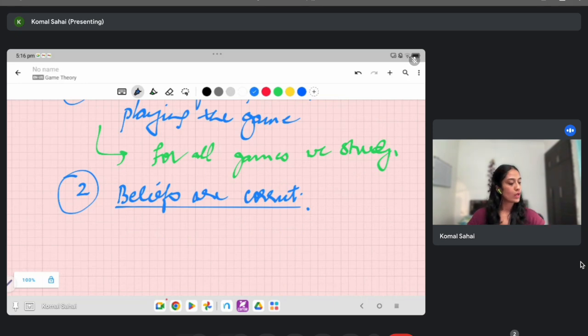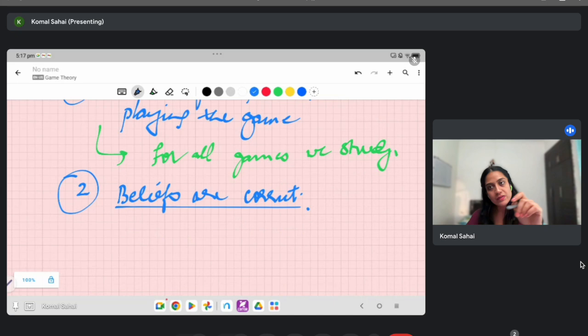Alright, so beliefs being correct is also an embodiment of the fact that if the person in front is a typical seller, then you are also a typical buyer, right? So you are not alone in this game as a buyer, and that person is also not alone as a seller. There is a huge population of sellers, and a huge population of buyers, right. It means that my belief as a buyer is the same as your belief as a buyer, is the same as someone else's belief as a buyer. Whoever is a buyer has the same set of beliefs about the sellers.